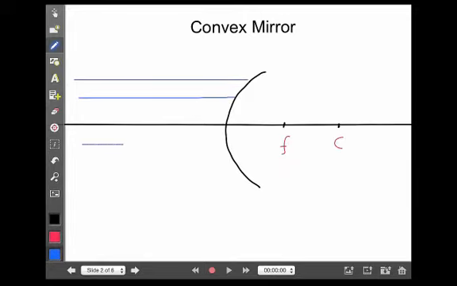Now also because of its curvature, if we have light rays that come in parallel to the principal axis, well, because it's curved outward like that, that's the way it's going to reflect the light. So light rays bounce off of it in a way that makes them appear as if they were originating on that inside virtual focal point.